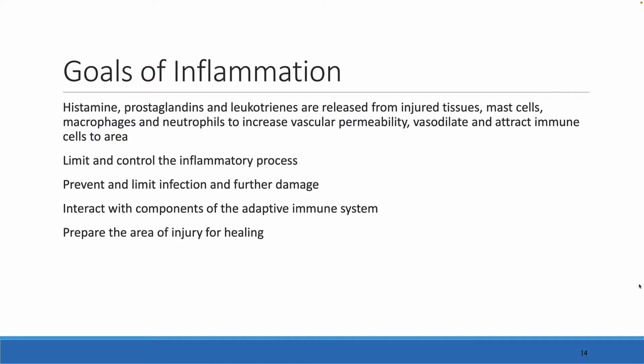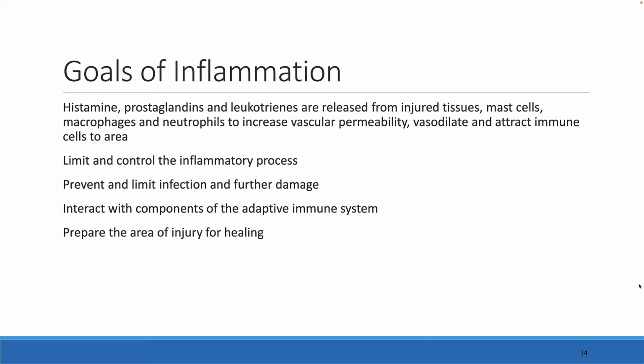Well, if your body had to write down its goals, like we all do when we're starting a new job or whatever, it would say that it's going to use histamine, prostaglandins, and leukotrienes that will release from the injured tissues. And that will increase the vascular permeability, causing vasodilation and getting those immune cells to the area. All right, that's one of their goals.